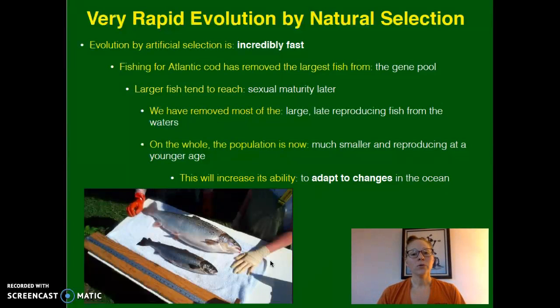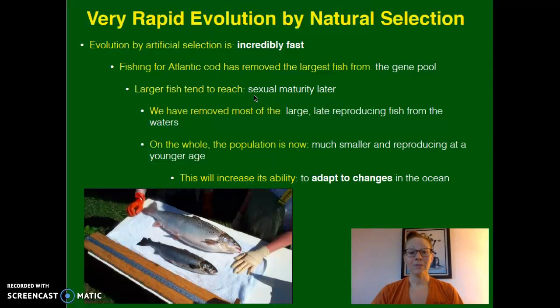So evolution by artificial selection is extremely rapid because the selective pressure is great, being induced by humans. An unintended example that we are seeing is in Atlantic cod. When people go fishing, they obviously want to pull out the largest fish. And so people have been fishing for the largest cod in the Atlantic. It is understood that the larger fish actually mature later in life.